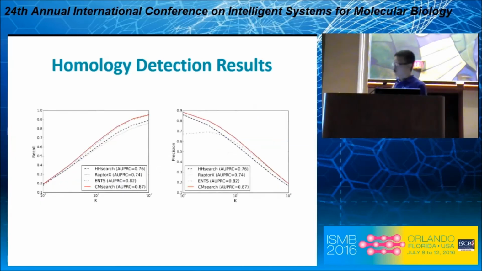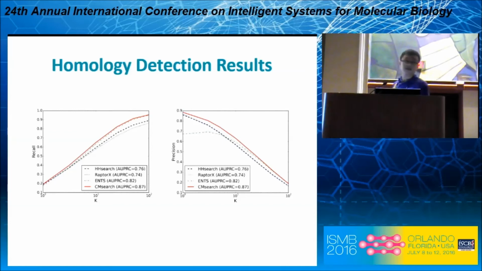And next, we compare the homology detection performance of CMsearch with three state-of-the-art methods for homology detection, including HH-search, which is in black, I don't know if you can see it, and RaptorX, which is in blue, and ENTS, which is Xielei's method, which is in green.